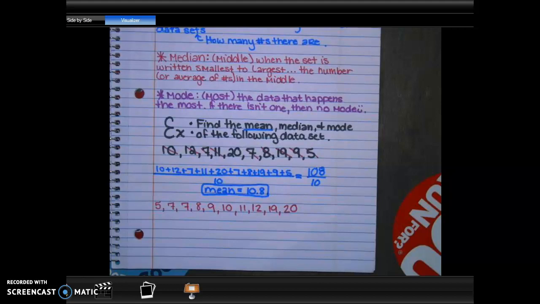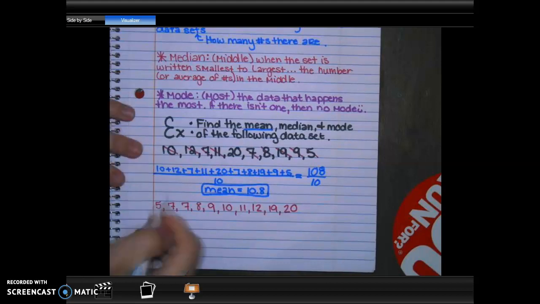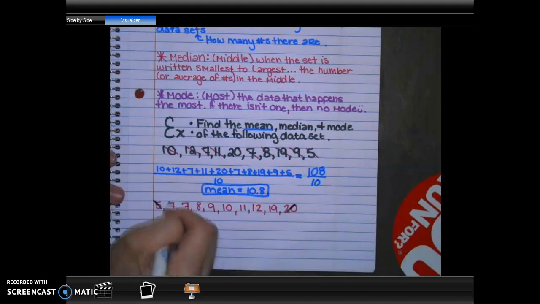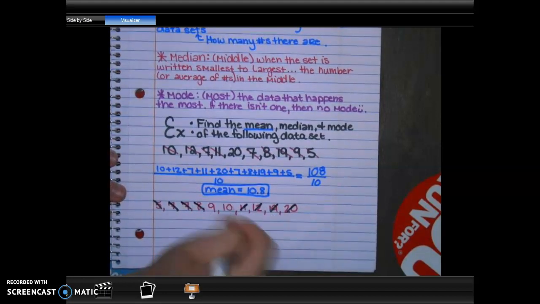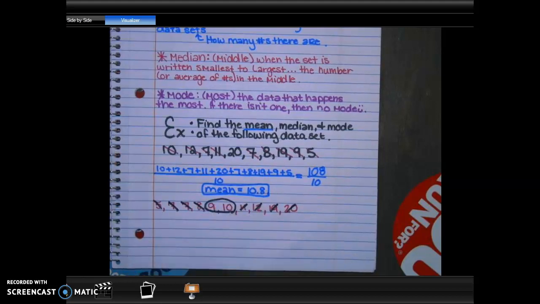So after you list them from smallest to largest, now you figure out which ones are in the middle. And here's the classic way to do it: all you do is mark out 1 on each side until you get to the middle. Since there's not a specific middle here, we're working with these 2 numbers. If there was just 1 number in the middle, that would be your median. So let's say there's another number here, you mark out 9 and 10, and say there was like a 9.75 in the middle there, that would be your median.